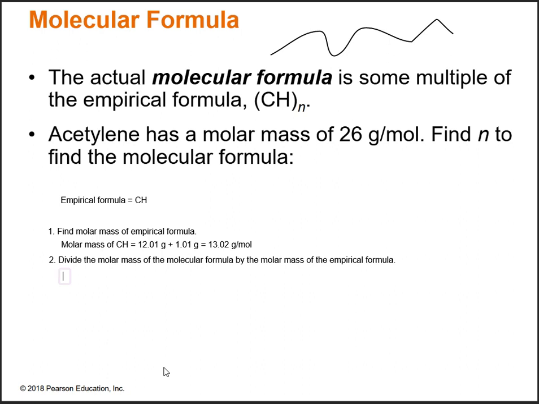The molecular formula, we don't know it yet, but we know that the molar mass is 26 grams per mole. We know that we have to divide that by the molar mass of our empirical formula, which we just found. You divide those two, and you get about 2, okay?